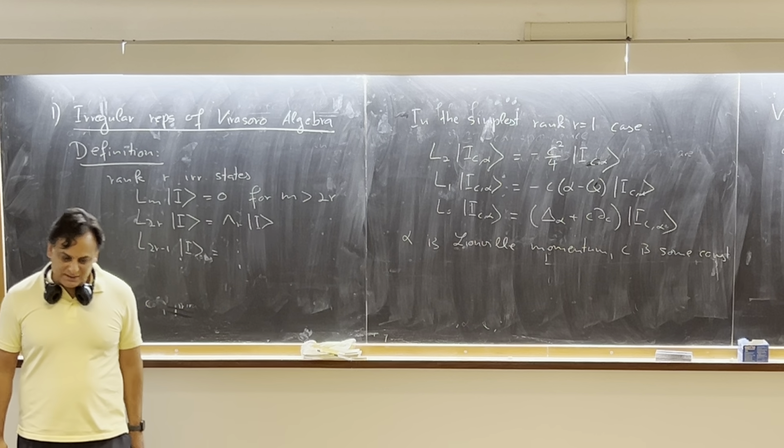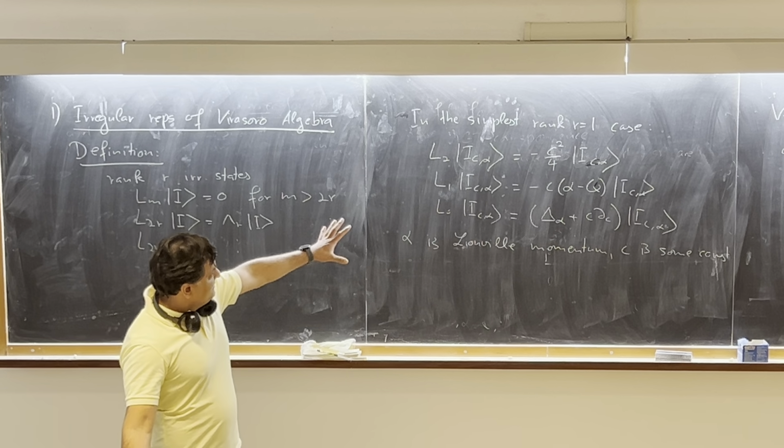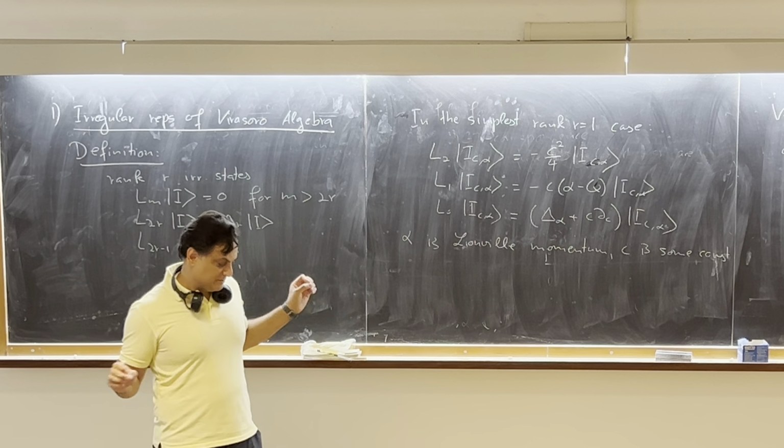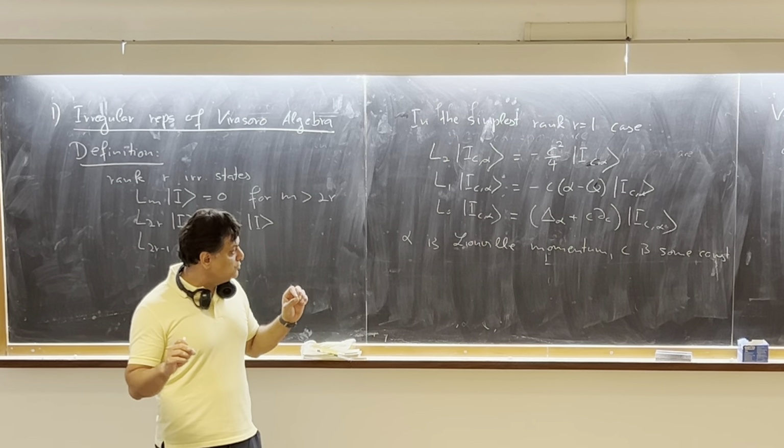The way to think about it is for these rank 2 guys, they can be engineered by letting 2 primaries collide, and each of them has a Liouville momentum, alpha 1 and alpha 2, so there are kind of 2 parameters attached to them, but they collide in a non-trivial double scaling limit, which will form the state.